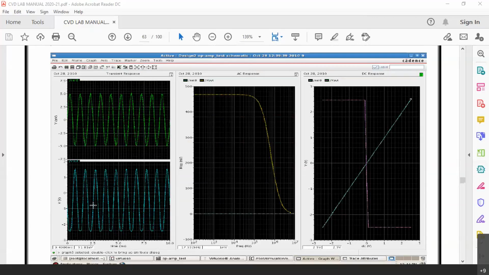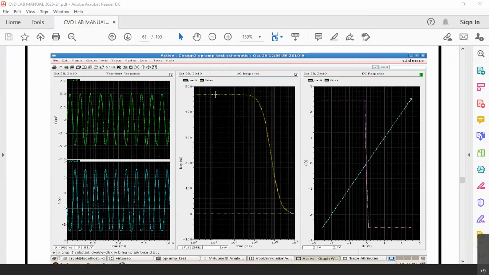Whereas at the lower side it is in volts, not millivolts. The output has gone down to minus 2.5 and up to plus 1.5 or about 1.7. So the output is in volts, there is almost 500 times gain. In the middle curve the gain is very near to 500. It is slightly less than 500.